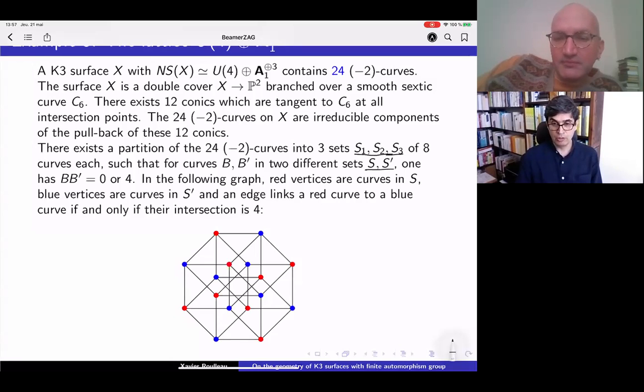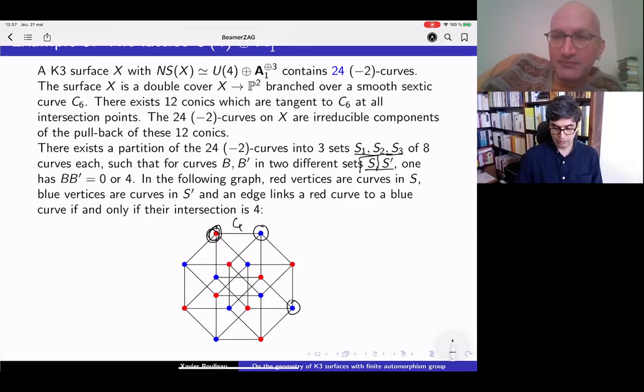It's called a Levi graph. You put in red the curves in S, and you put in blue the curves in S prime, and a red curve cuts a blue curve with intersection number 4, but some red and blue curves have no intersection.